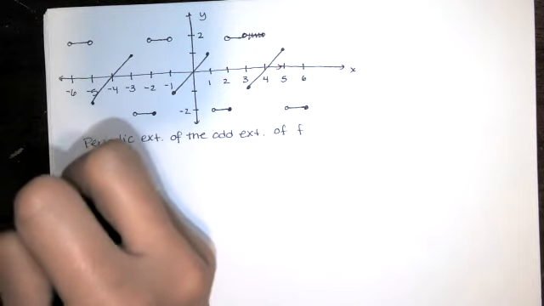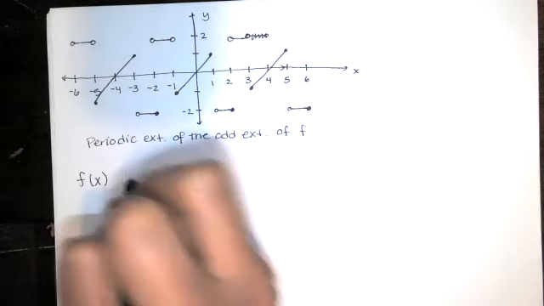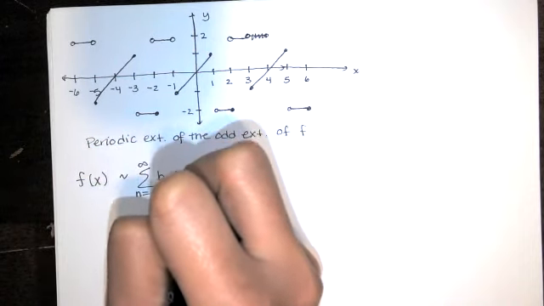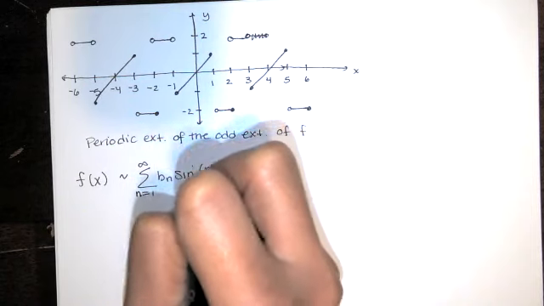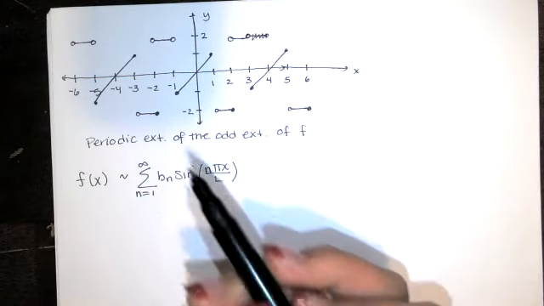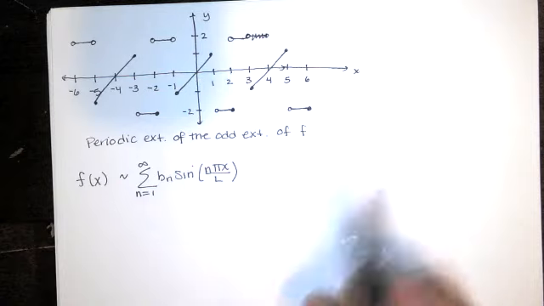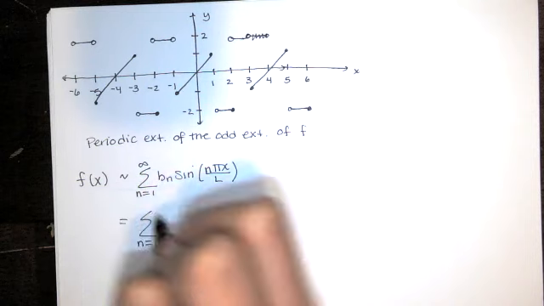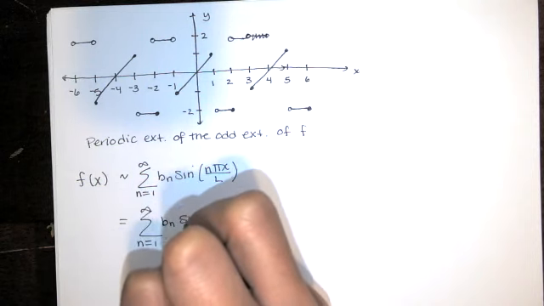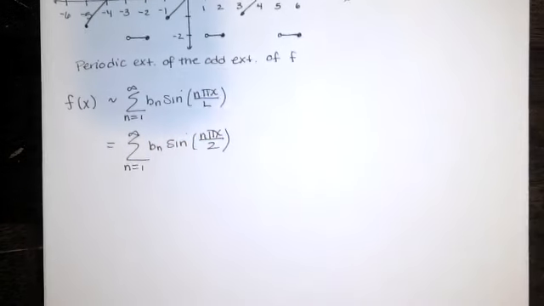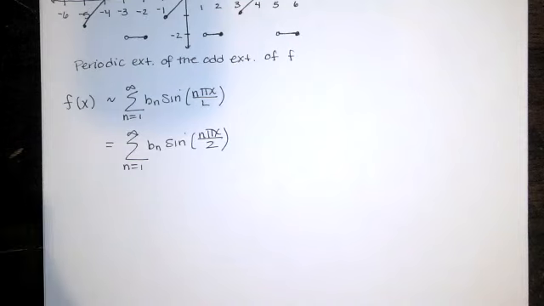Okay, so now we want to expand f in a sine series. And it's relatively easy to do. We already know that L is equal to 2 because we are looking at the interval from 0 to 2, so I could substitute that in. To find the b sub n, we're going to do the same thing that we did before.